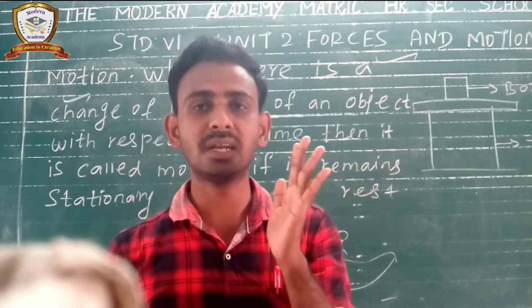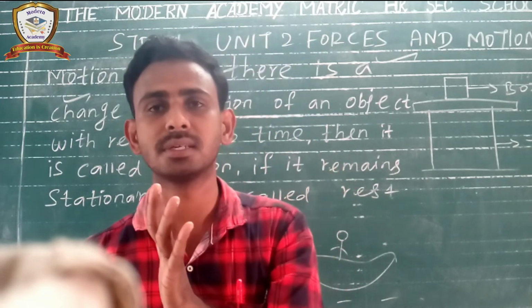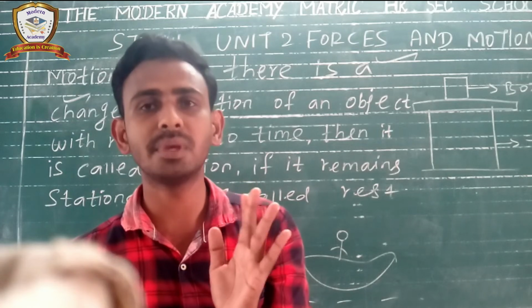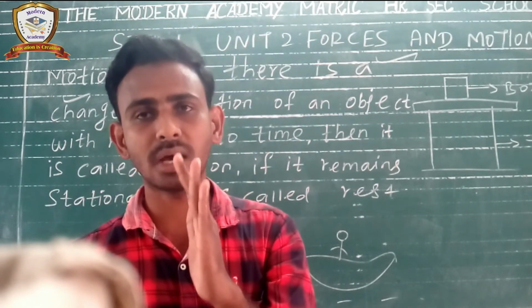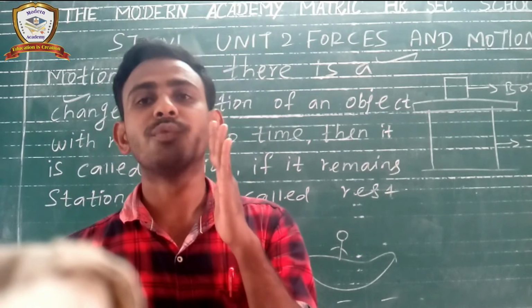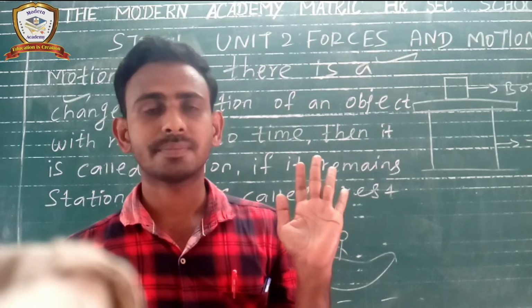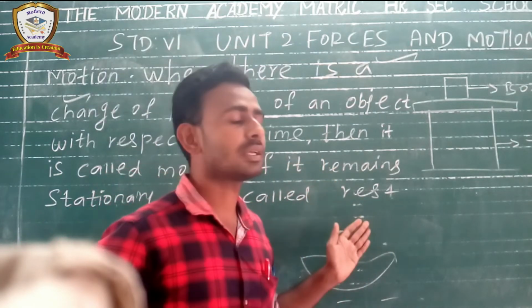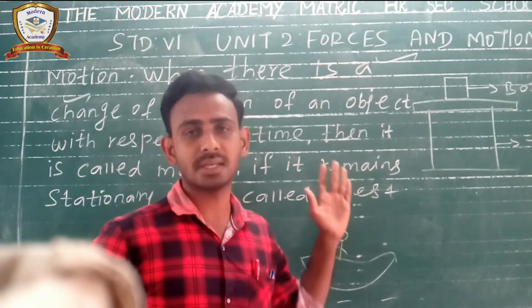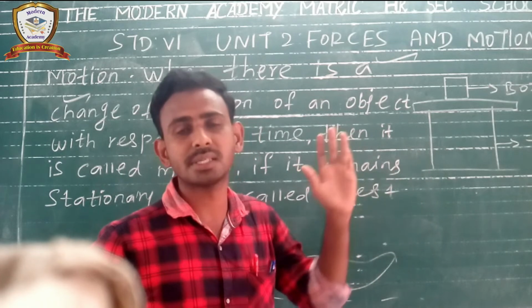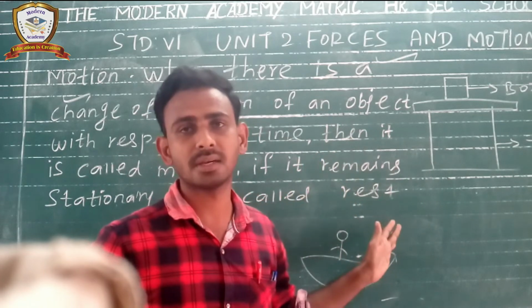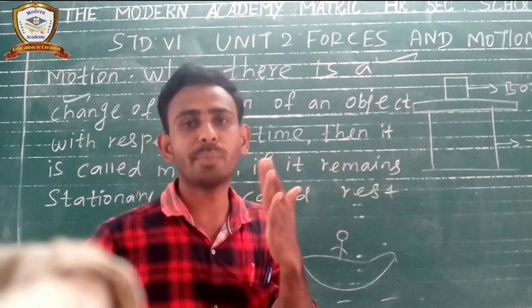So this is the main difference between moving and rest, right? Don't confuse this topic. Motion and rest both are the viewer's opinion only, right? We can't say exactly that this is always in motion and this is always in rest. It is based on the viewer's opinion only.